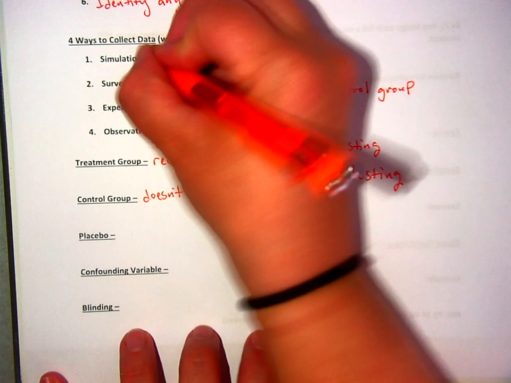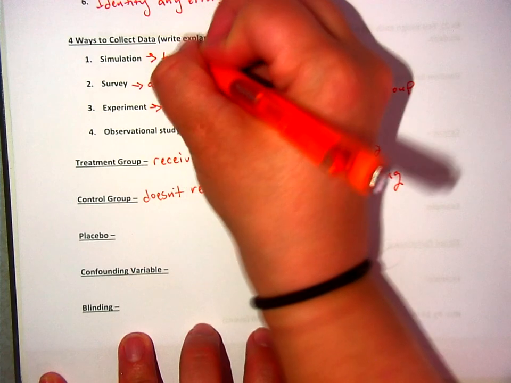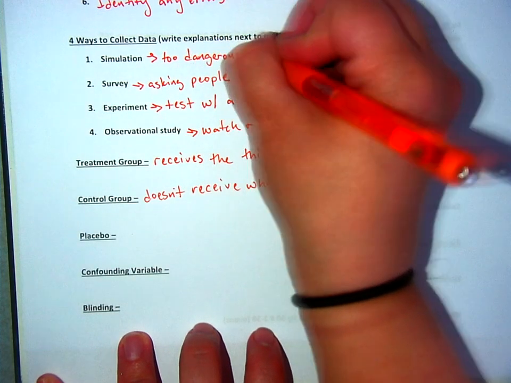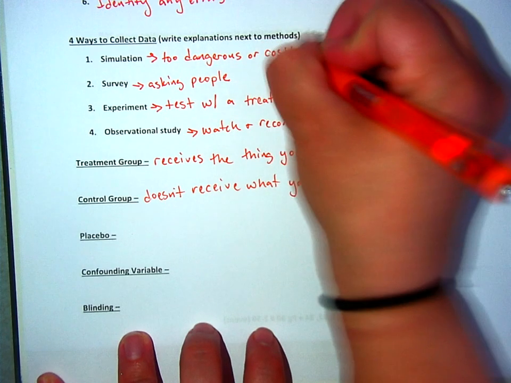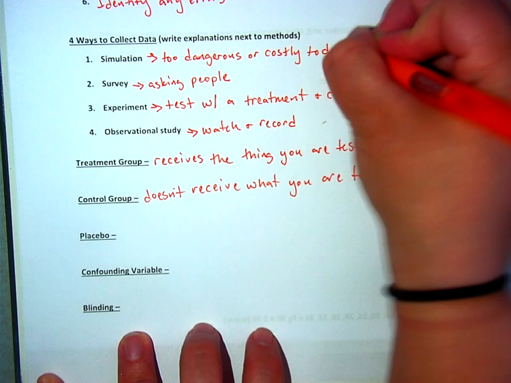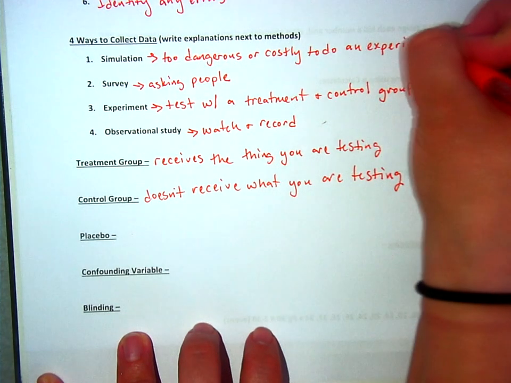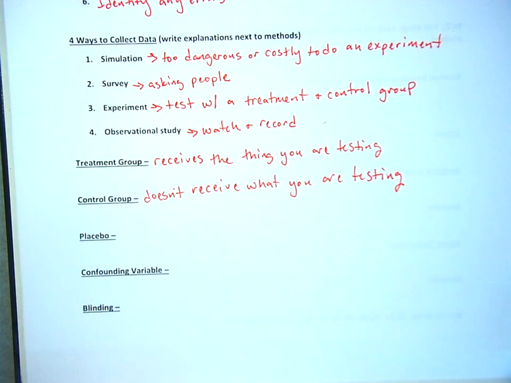A simulation is when it's too dangerous or costly to do an experiment. Anybody think of an example of a simulation?